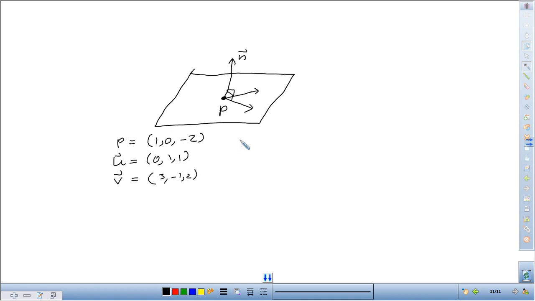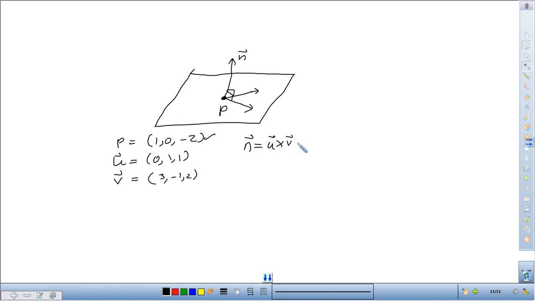Like I said, in order to find the equation of a plane, we need a point on the plane, which we have, and we need a normal vector. Our normal vector is simply the cross product u cross v.